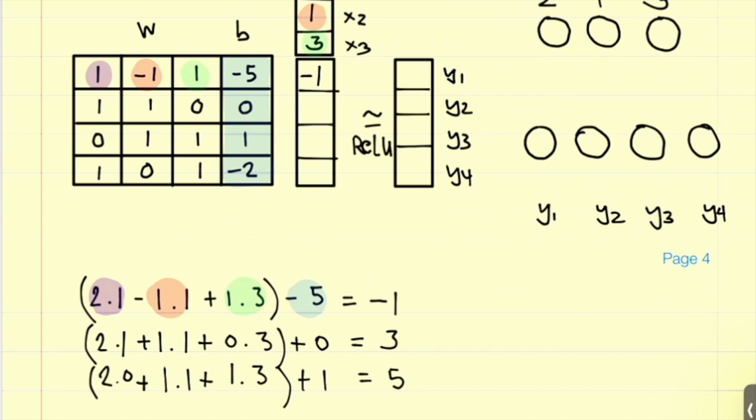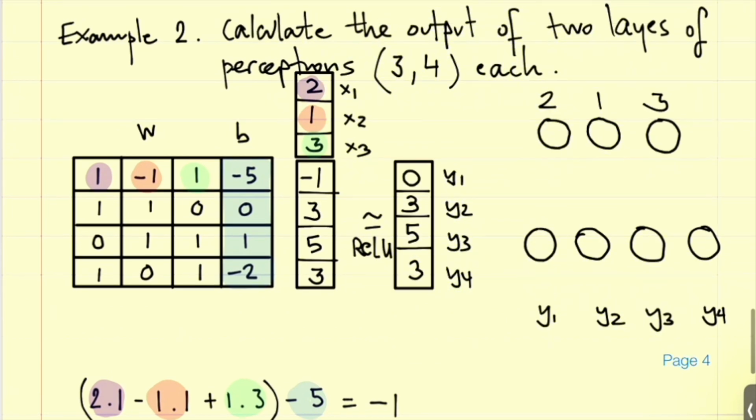Then 2 times 1 plus 0 times 1 plus 1 times 3 minus 2, equaling 2 plus 3, 5 minus 2, 3. So I get here 3, 5, and 3. And because we are applying ReLU, whatever is negative will become 0. So minus 1 becomes 0, then 3, 5, 3.